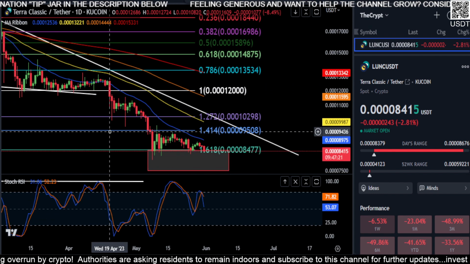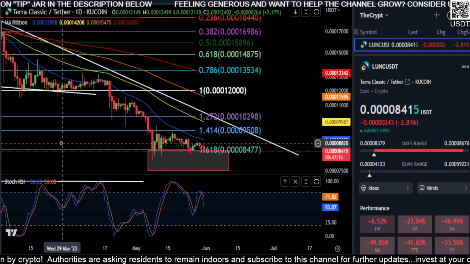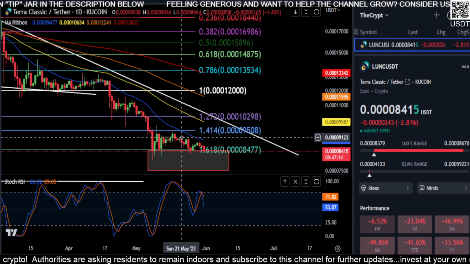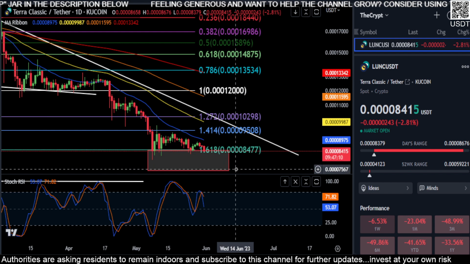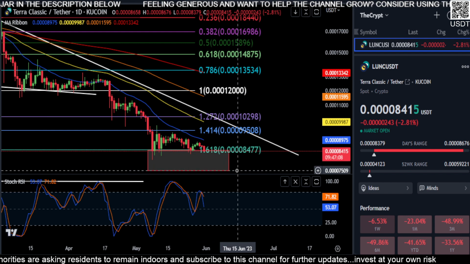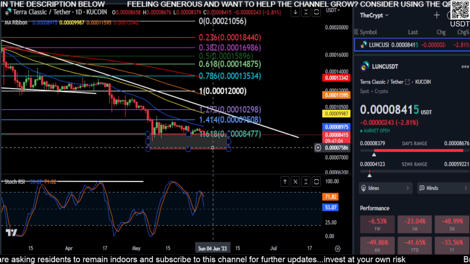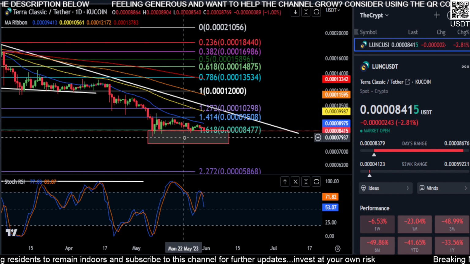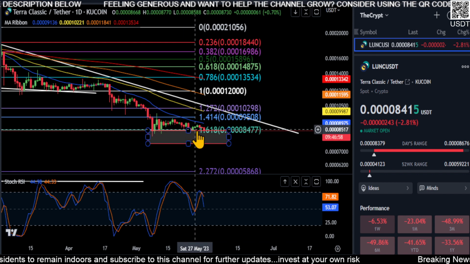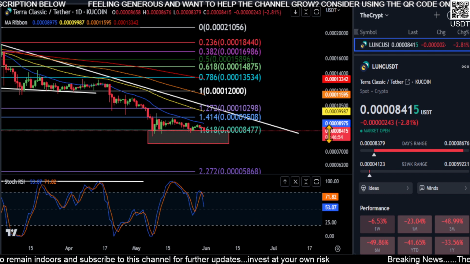Just due to the fact that we're holding the macro low, we're actually holding the low from last summer, from June to August. So as long as we hold this area from 8.4 down to about 7.5, we are still alive. We're still good, as long as we hold our box here that we drew a couple of updates ago. So as long as you stay above 7.5 on Luna Classic, you're still good to hold the low and to push up at some point.